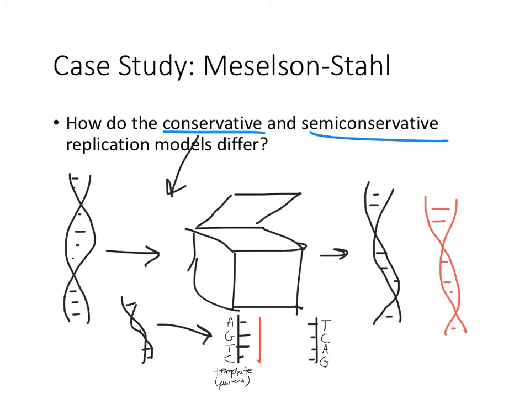In that case, the red strand on the left is T, C, A, G by base pairing. I'll leave it to you to fill in the other newly synthesized, or red, strand. Look, it's the same as the black strand on the far left.